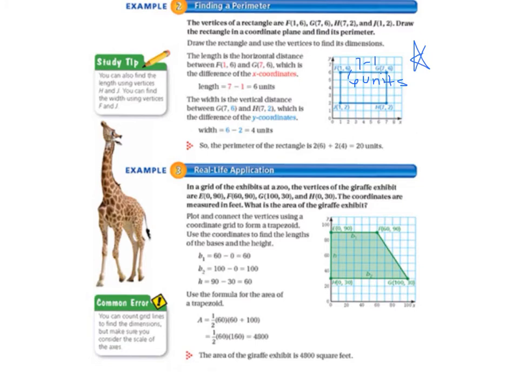And then the width is the vertical distance between G (7, 6) and H (7, 2). So now we're looking at the y coordinates, so that's the difference between those. So that's 6 minus 2, which is 4 units.